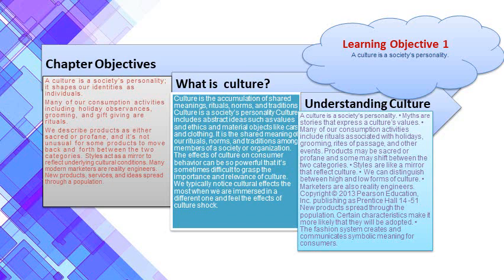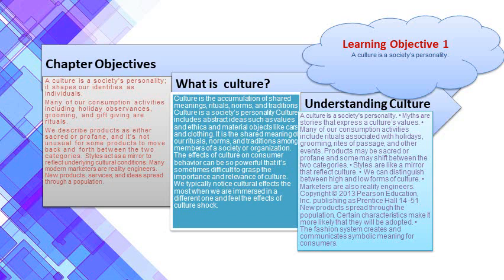Objective of this chapter. A culture is a society's personality. It shapes our identities as individuals. Many of our consumption activities, including holidays, observations, grooming, and gift giving, are rituals.